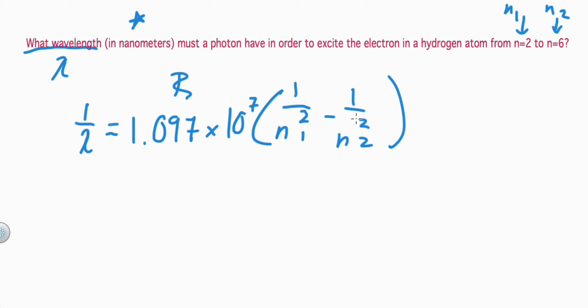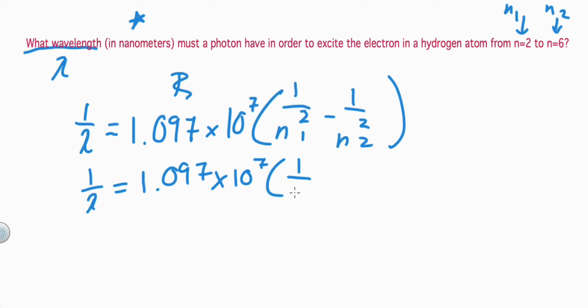It's just more work if you put the bigger number first. So let's get into it. 1 over wavelength equals 1.097 times 10 to the power of 7 times 1 over 2 squared minus 1 over 6 squared. And I mean, we have everything we need to solve.